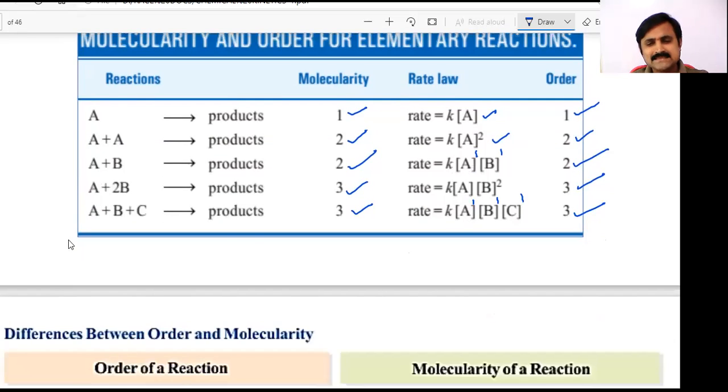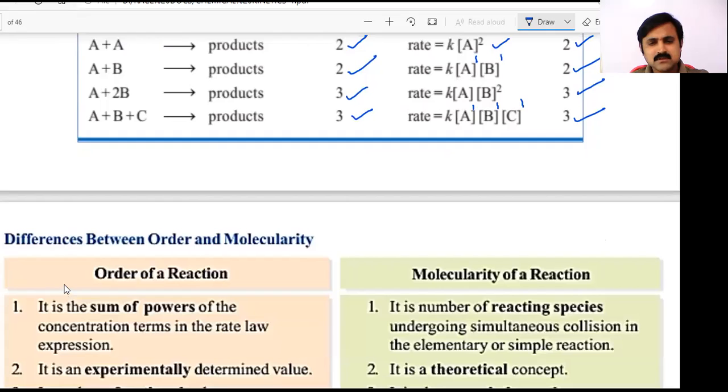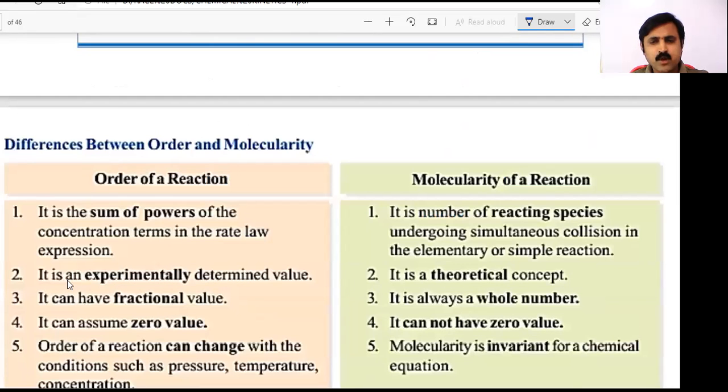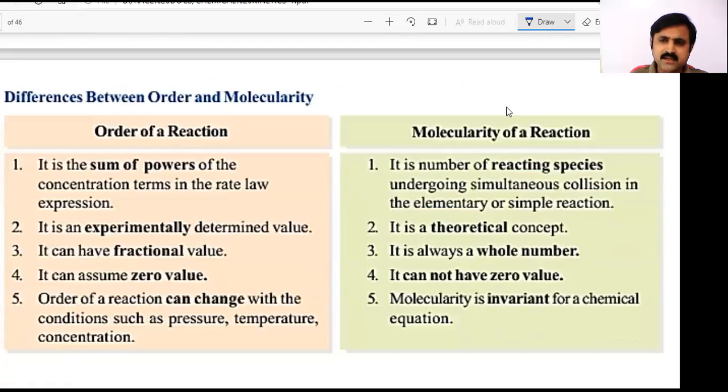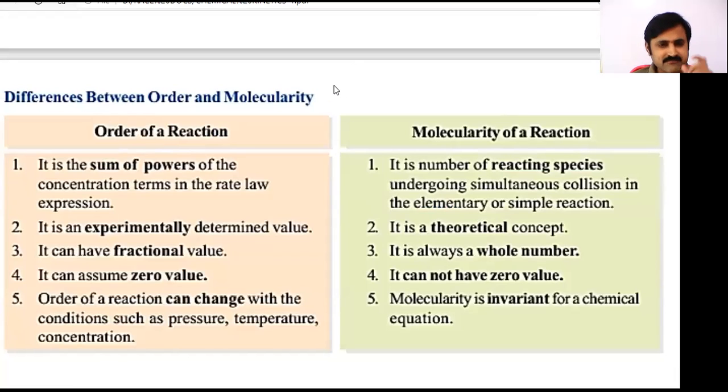Now you will see how the question is asked from the examination point of view: give the differences between order and molecularity. In your final theory examination, you should write these points.